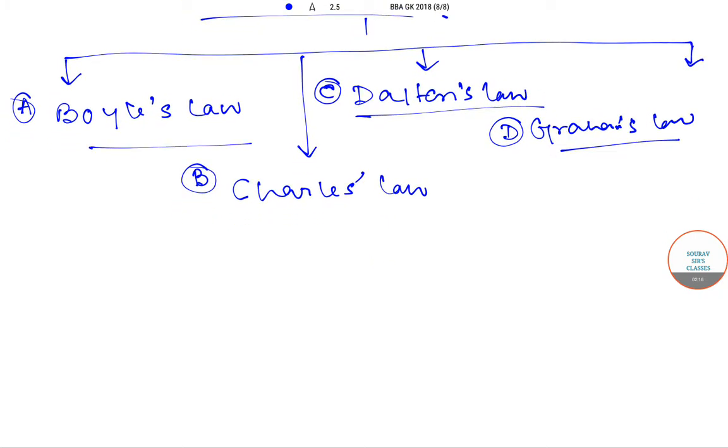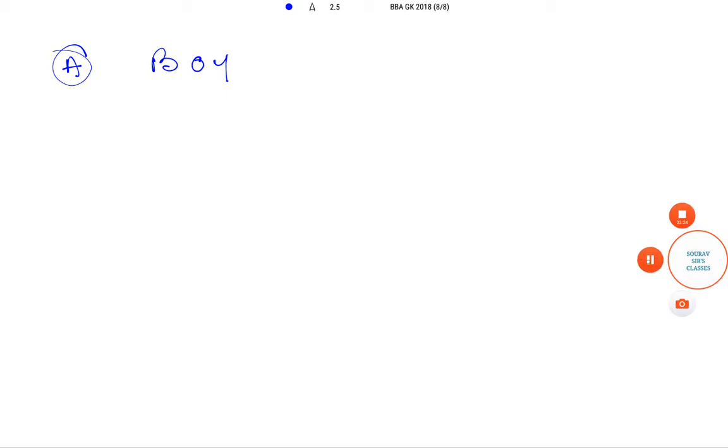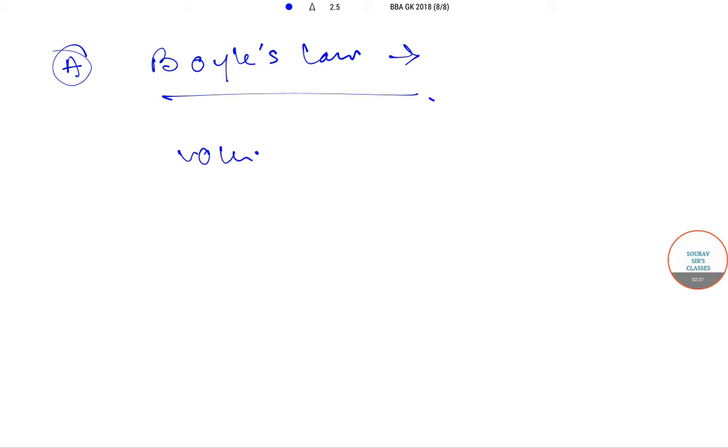What is Boyle's law? Here in Boyle's law, the law is about the relation between the volume of a gas and the pressure of a gas.